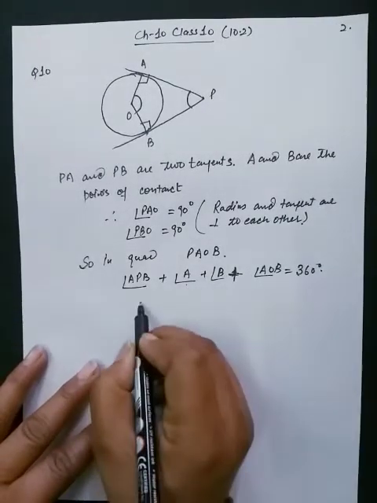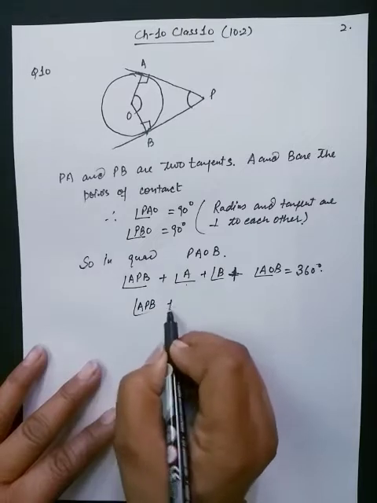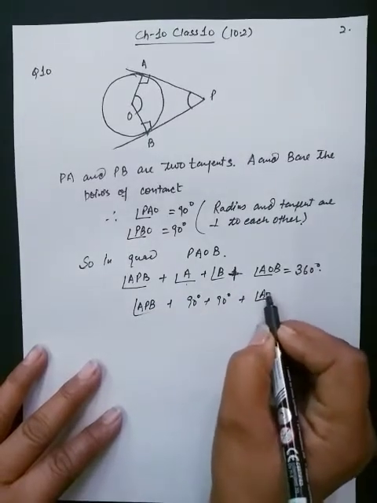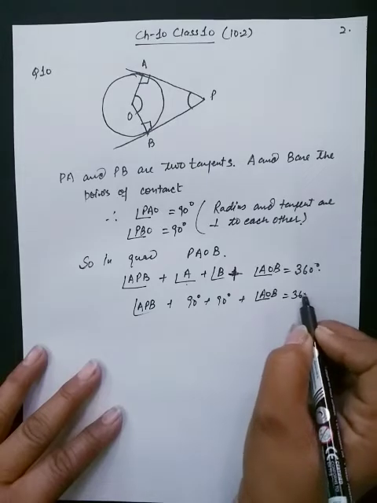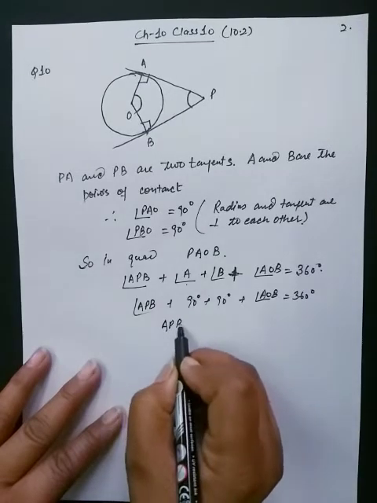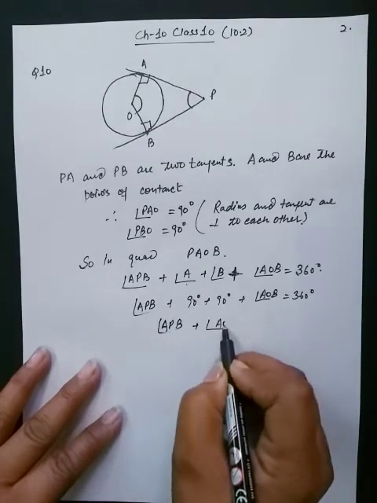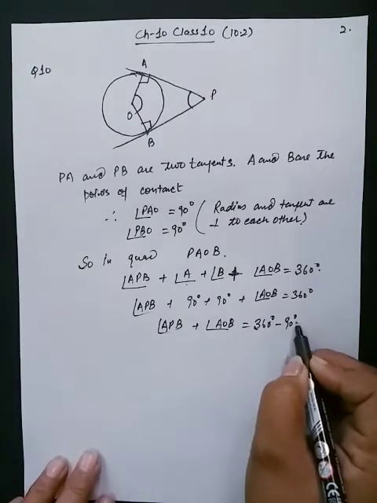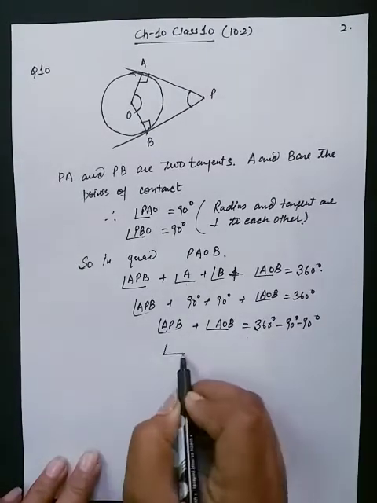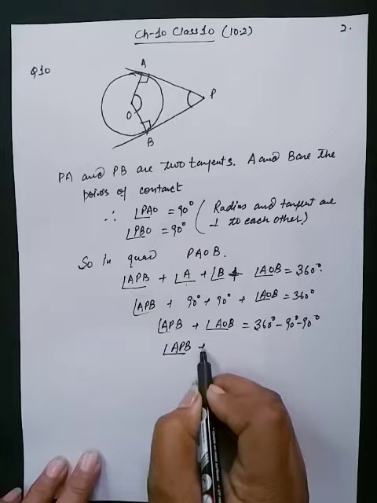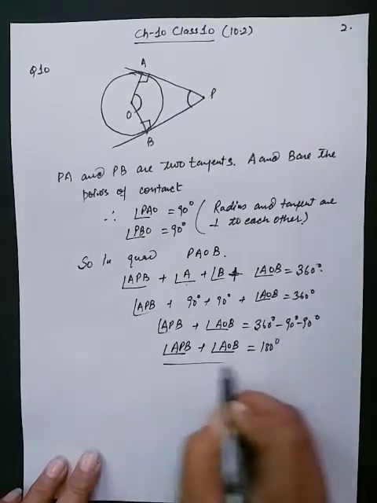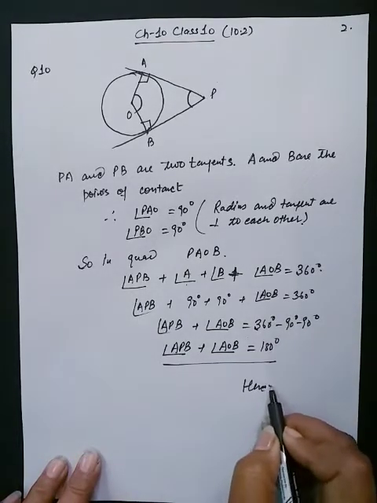And angle A and angle B are already proved as 90 degrees. So we can write angle APB plus angle AOB is equal to 360 minus 90 minus 90. And therefore we get angle APB plus angle AOB is equal to 180 degrees. Hence proved.